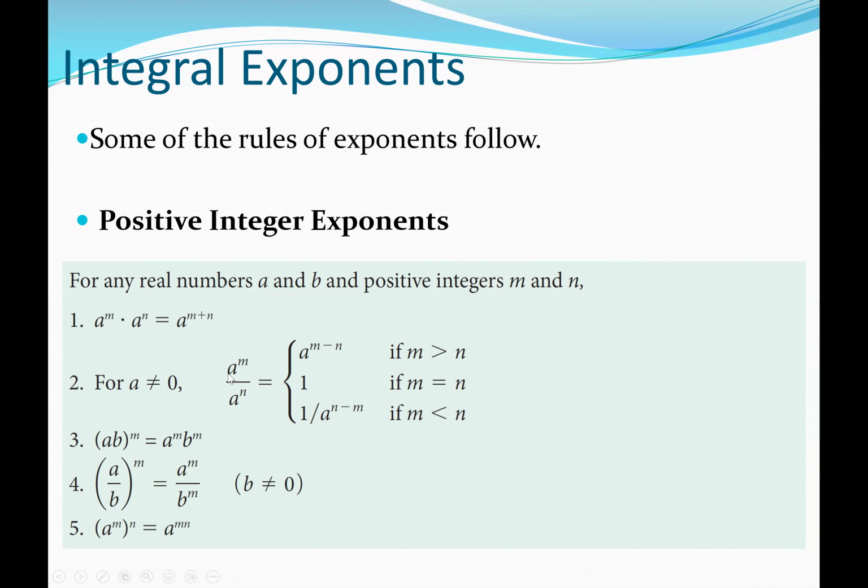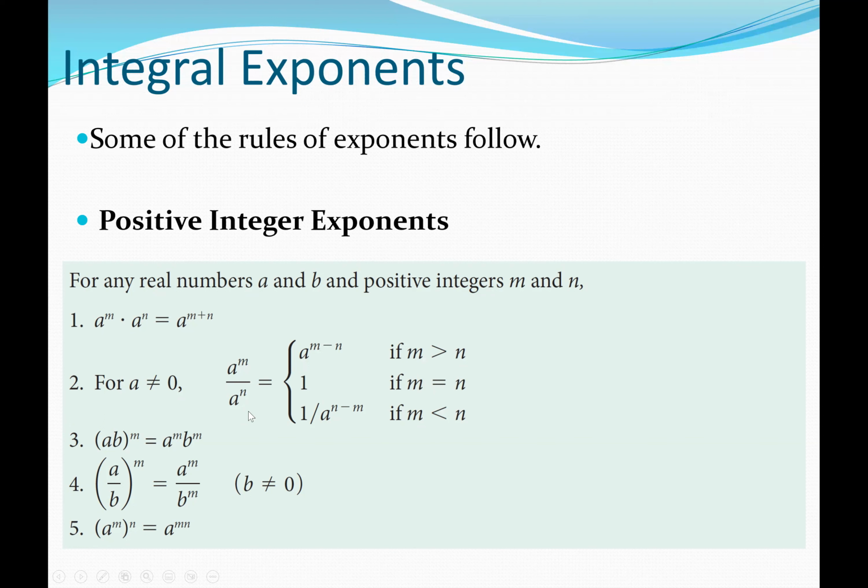Now, with division, if we have a to the power m divided by a to the power n, if a is not equal to 0, then we are going to subtract the exponent of the denominator from the numerator exponent. So the answer will be a to the power m minus n. That's if m is greater than n.